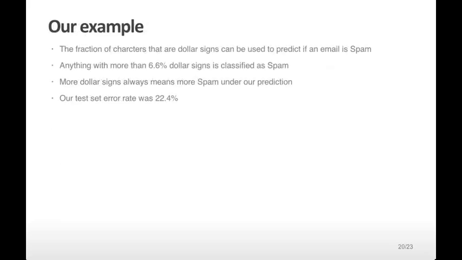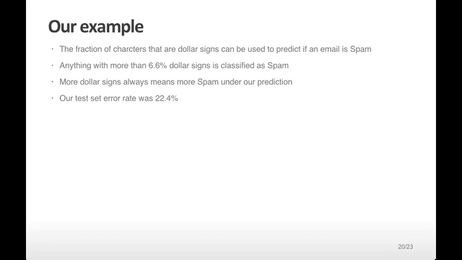So in our example, we might say something like, the fraction of characters that are dollar signs can be used to predict if an email is spam. You might also say something like, anything with more than 6.6% dollar signs is classified as spam using our predictive model. More dollar signs always mean more spam under our prediction.